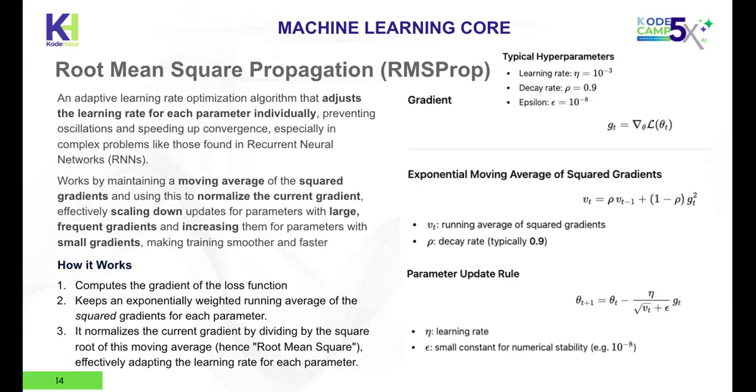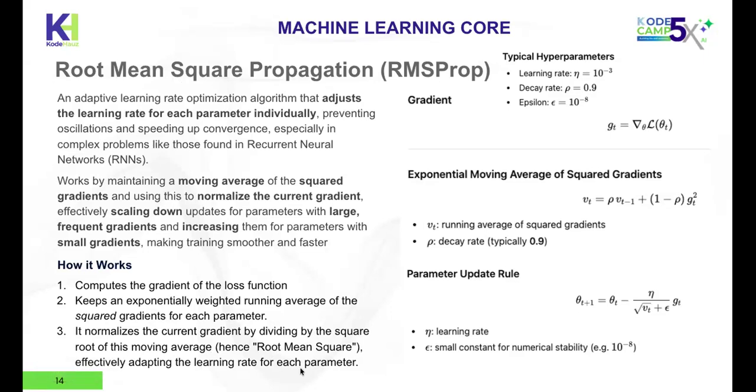Then when you take the square root of the mean square, you get a root mean square. That's why it's called root mean square propagation, or RMSprop. So the value you are going to use to divide the current gradient is the root mean square of previous gradients, basically.